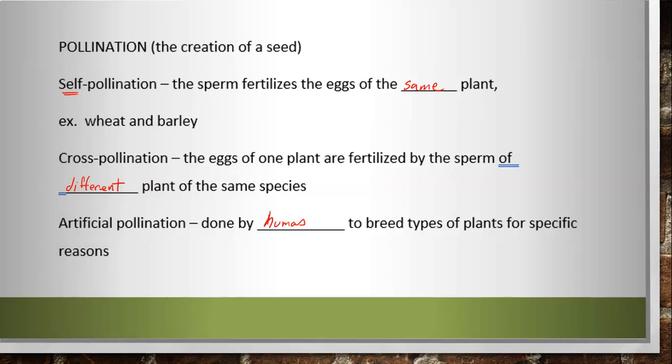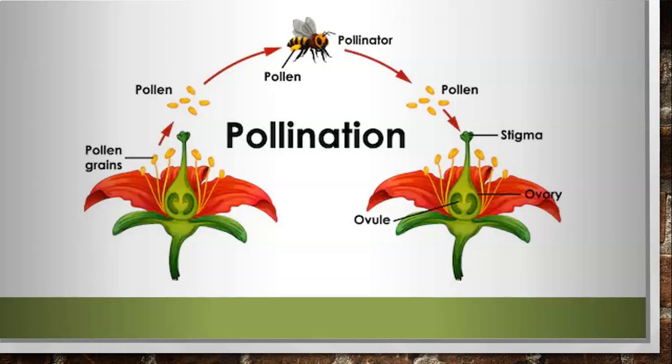But usually when humans do it, they're usually doing cross-pollination, right?